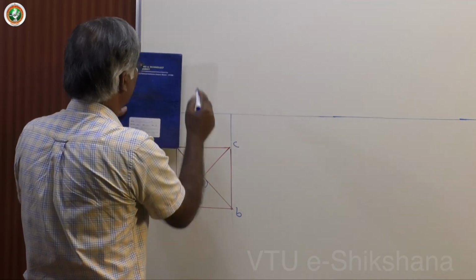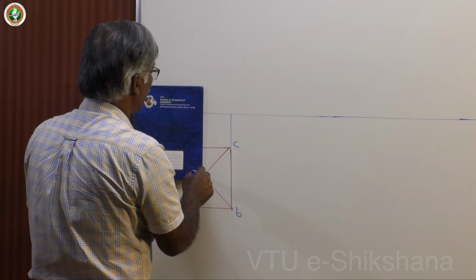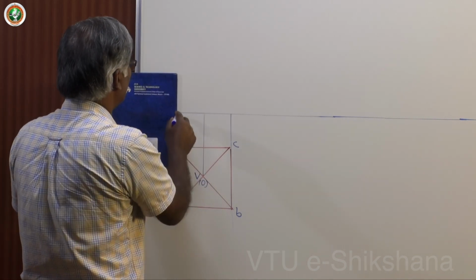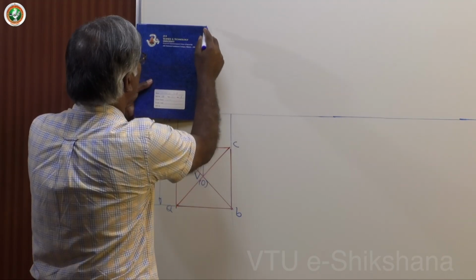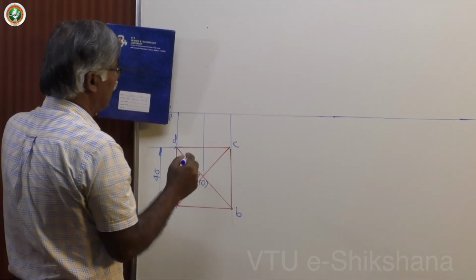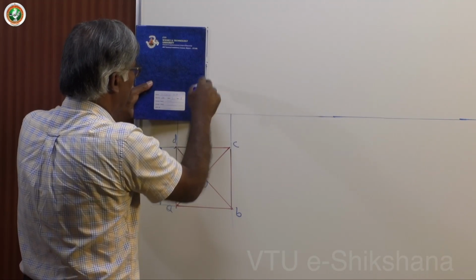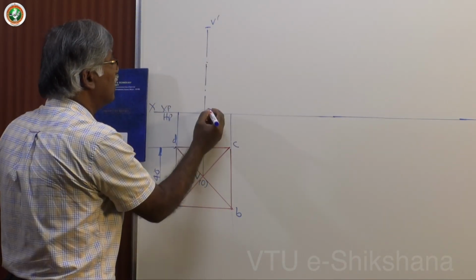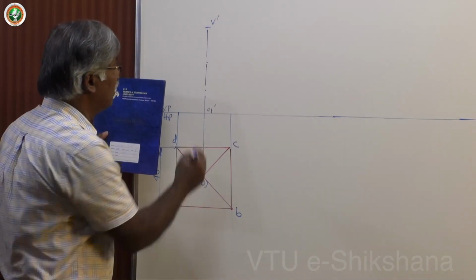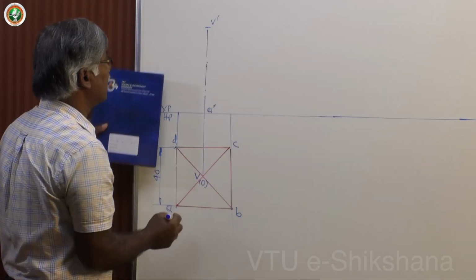So, you can take this projection up. The height is 70 mm, so first draw the axis, fix this vertex V, V dash, this is O dash, join these two.